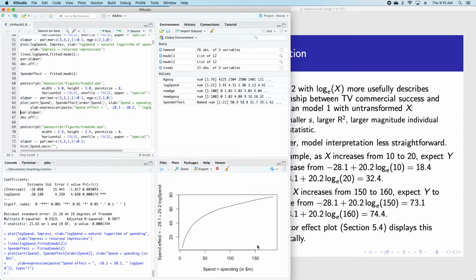Okay, so if I'm already spending a lot of money, there's not a lot of benefit to spending a little bit more. If I'm not spending much money, I do get a lot more benefit by just spending a little bit more. Okay, so this is useful information for the firms to know. So this graph here is what I call a predictor effect plot, and we'll come back and talk about those in more detail in chapter 5.